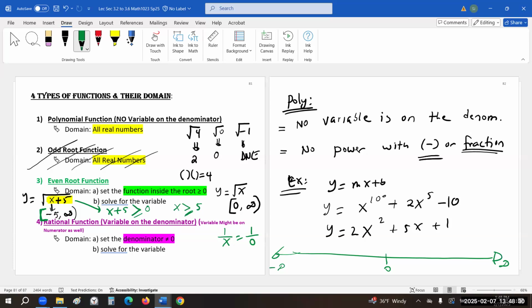So the domain of this function is everything on the left and everything on the right on the number line, except for 0. Okay? Now the same concept goes for another function. Let's say you have a function 1/(x minus 5).